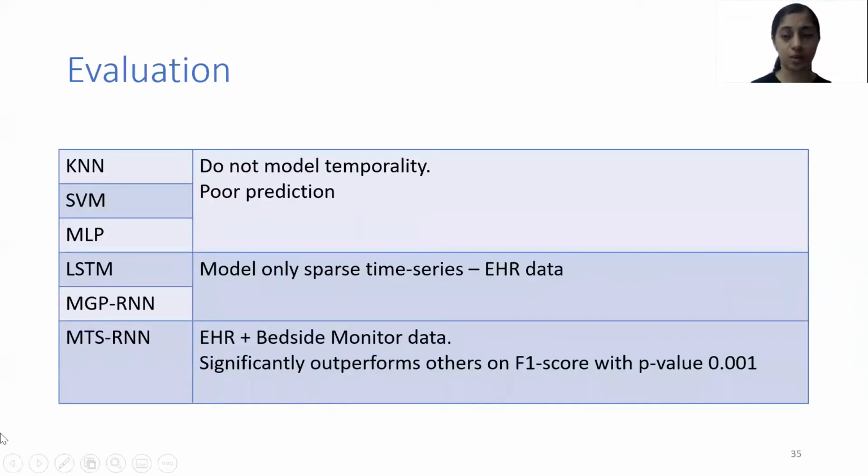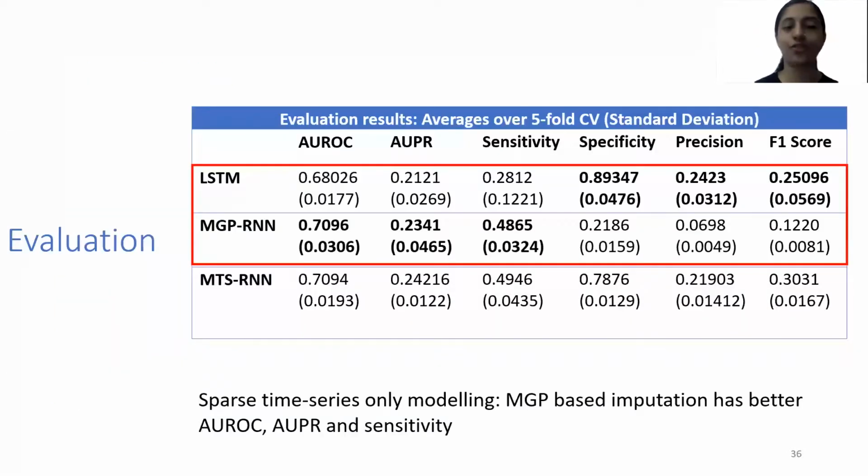The MTS-RNN, which is our model, uses data from EHR as well as the bedside monitor, and it has been shown to significantly outperform the other models on F1 score with a very good p-value. So we will only look at the evaluations of LSTM, MGP-RNN, and MTS-RNN, as the first three classifiers give very poor predictions. Let's consider the comparison between LSTM and MGP-RNN.